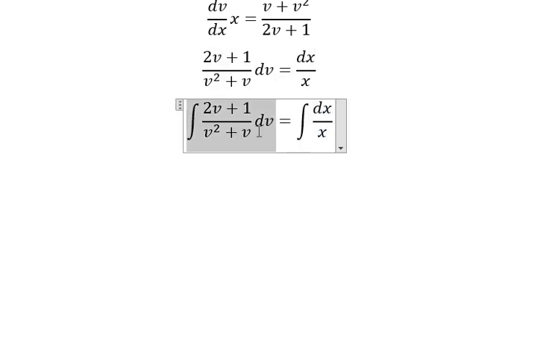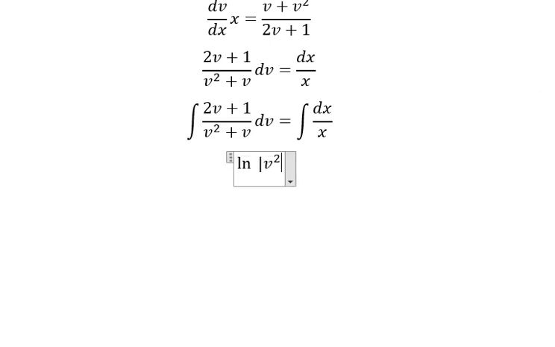The integration of this one, we will have ln of the absolute value of v square plus v. The integration of this one, we have ln of the absolute value of x, and we put plus c.